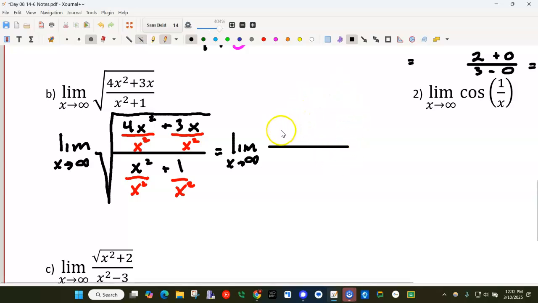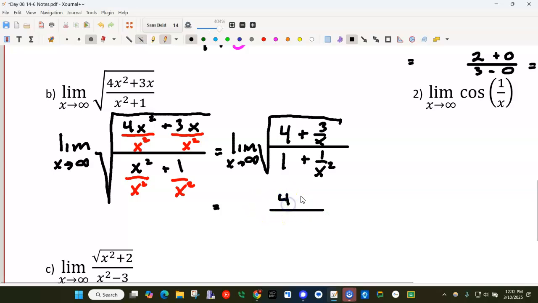So we get 4 plus 3 over x, and 1, and 1 over x squared, square root everything. Then we can take the limit. Plus 0, 1 plus 0, square root everything. So our answer is just 2.